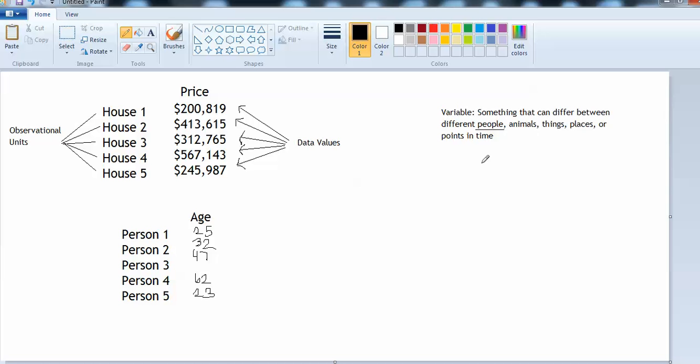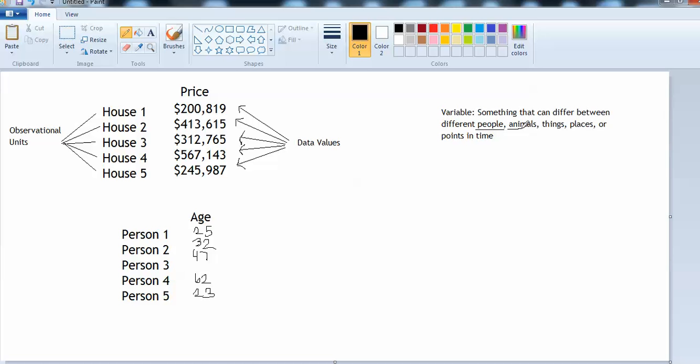College major is a variable because not everyone has the same major in college. Gender is a variable because not everyone is the same gender. So those are all just different things that vary across people. So those would be variables.